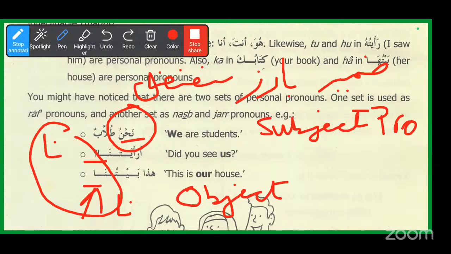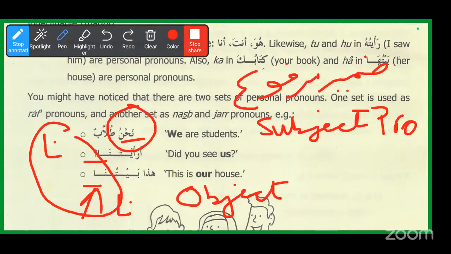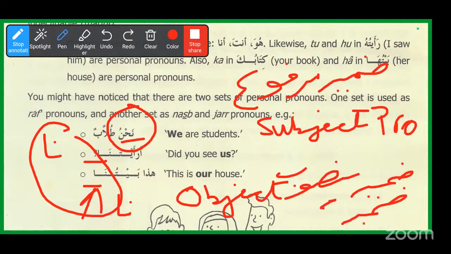Munfasil bariz. And the object pronoun? You can also call them ضمائر مرفوع. Don't write بارز متصل. Write ضمير مرفوع, subject marfu pronoun. Now the other ones are ضمير منصوب, and ضمير مجرور.